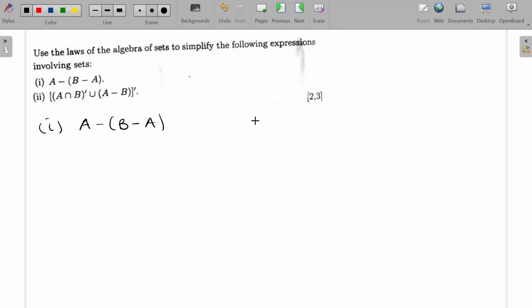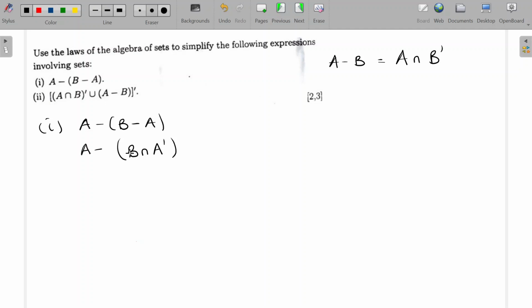According to the rules we learned about subtraction, a set A minus B is the same as A intersection B complement. So here we have A minus what is in the brackets, which is B intersection A complement.